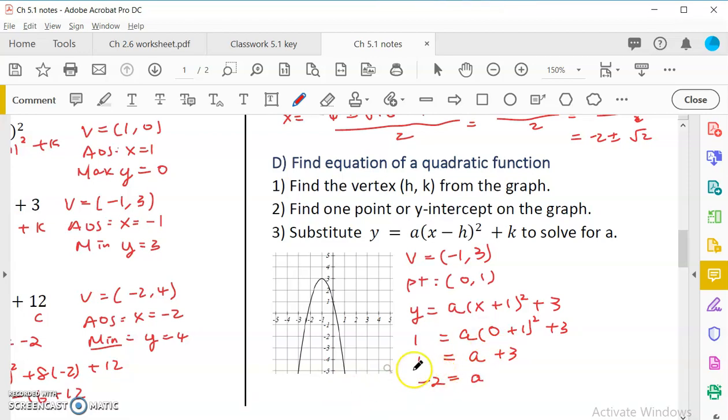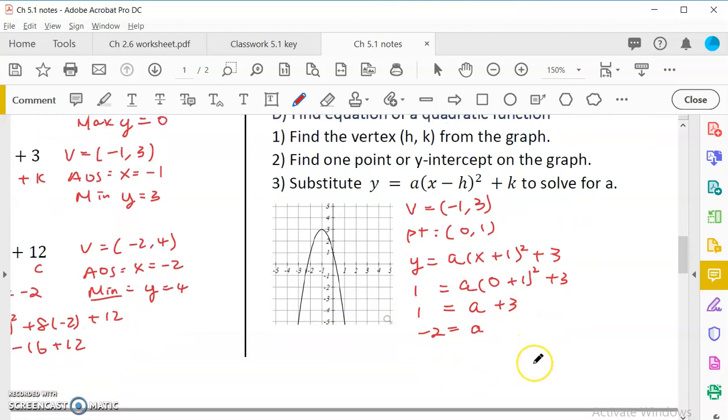So then you solve everything. You would say the equation is y equal to -2 times (x plus 1) squared plus 3. One vertex, one point. Put in the vertex first, put in the point to solve for a, and put it back.